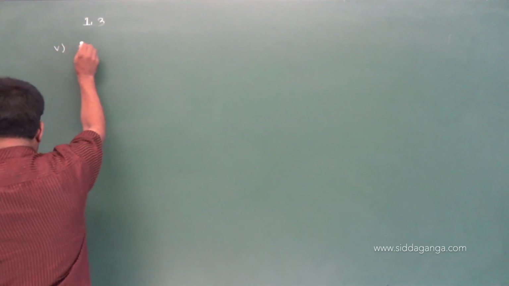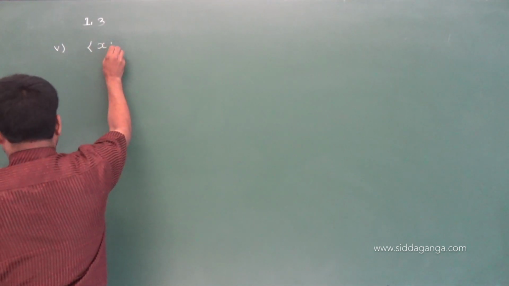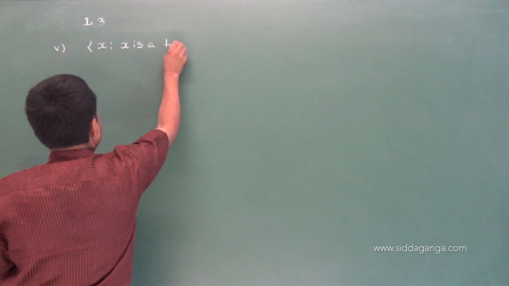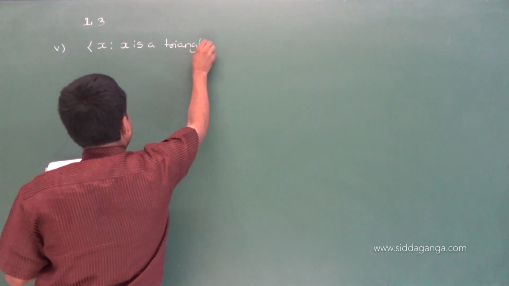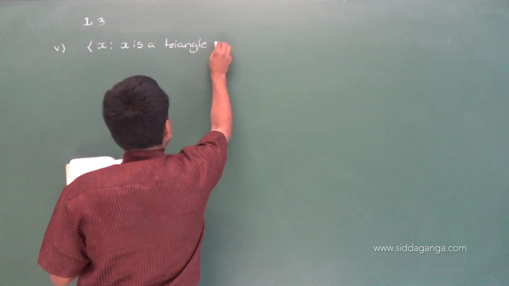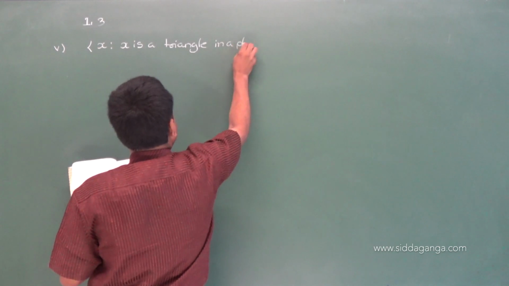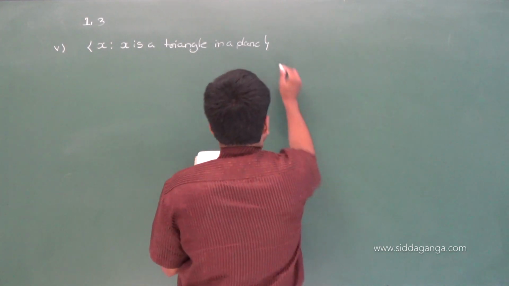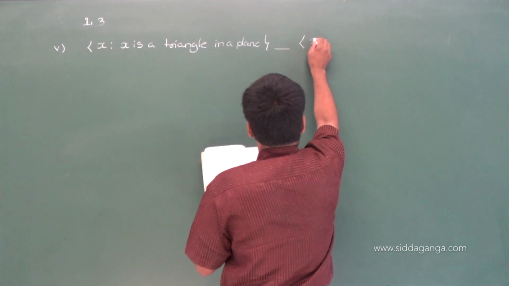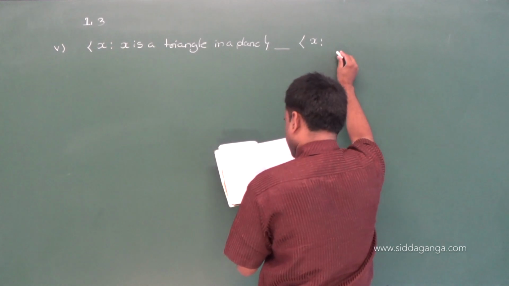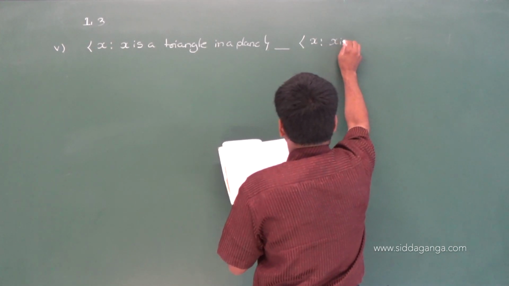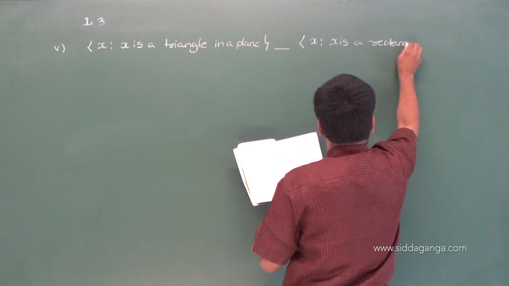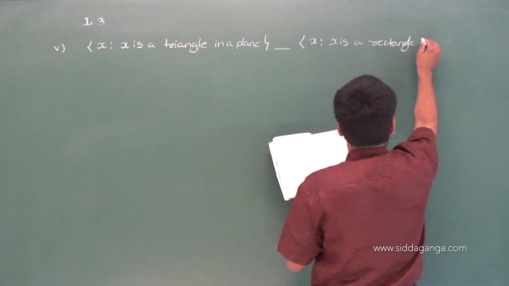Fifth one. X such that X is a triangle in a plane. Dash: X such that X is a rectangle in the plane.